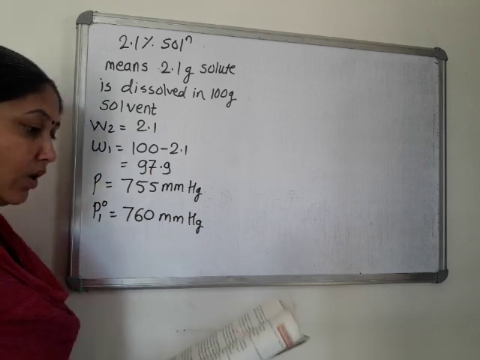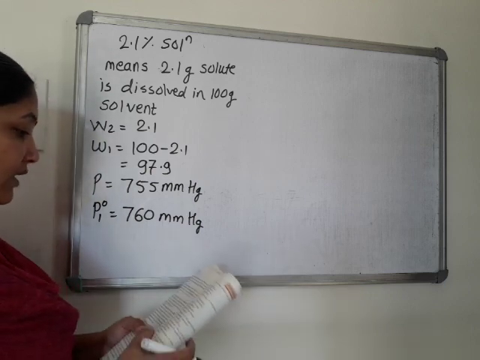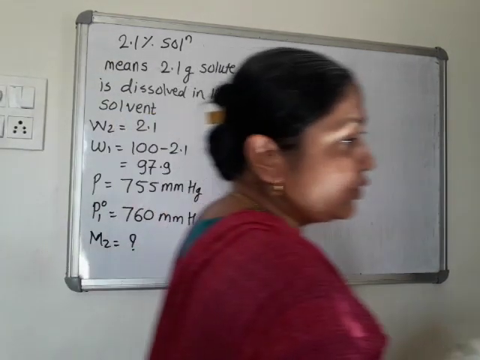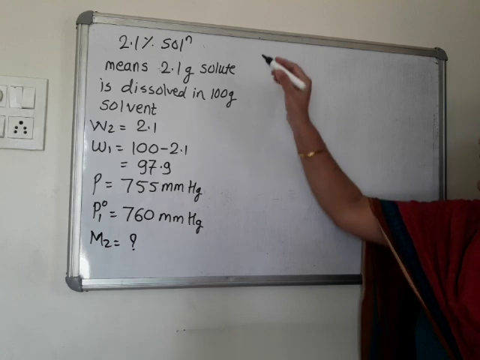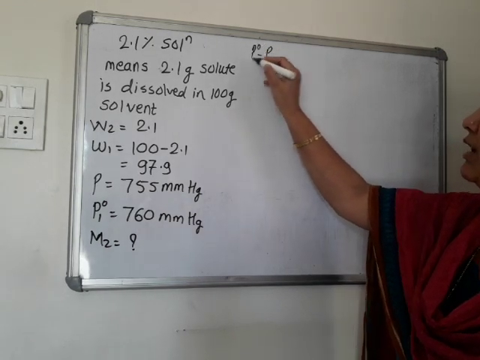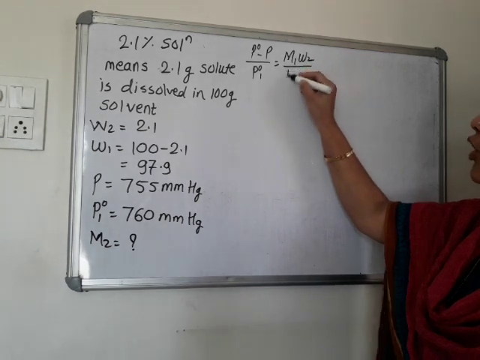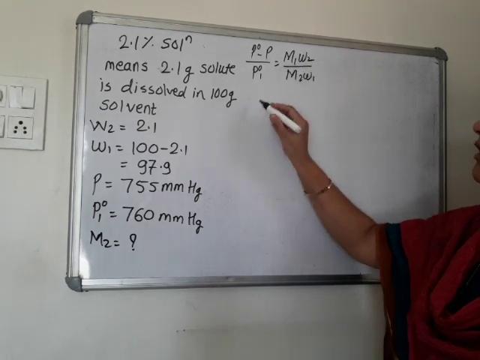Clear? Now what do we have to find? Molar mass, that is M2. Chalo, simplify as usual. Same formula. P01 minus P upon P01 is equal to M1W2 upon M2W1. Simplify.